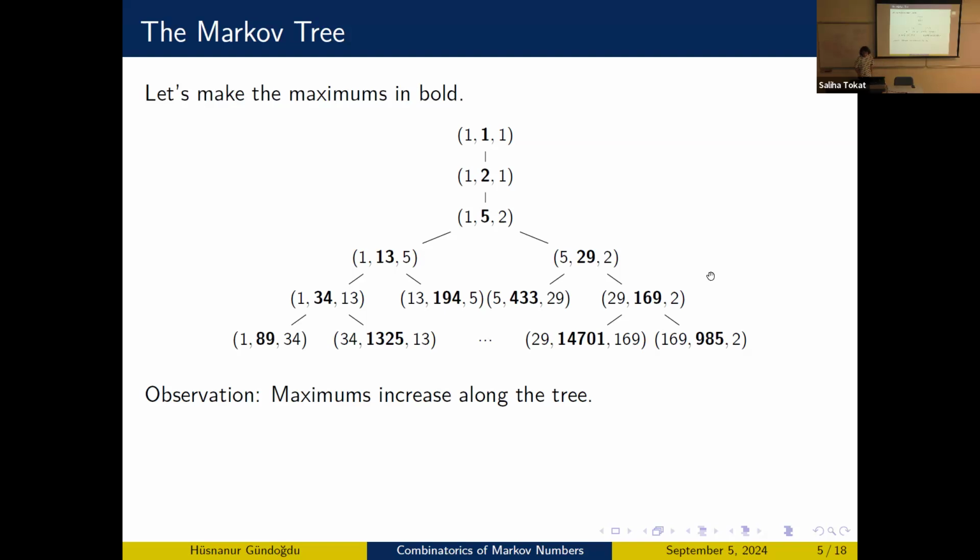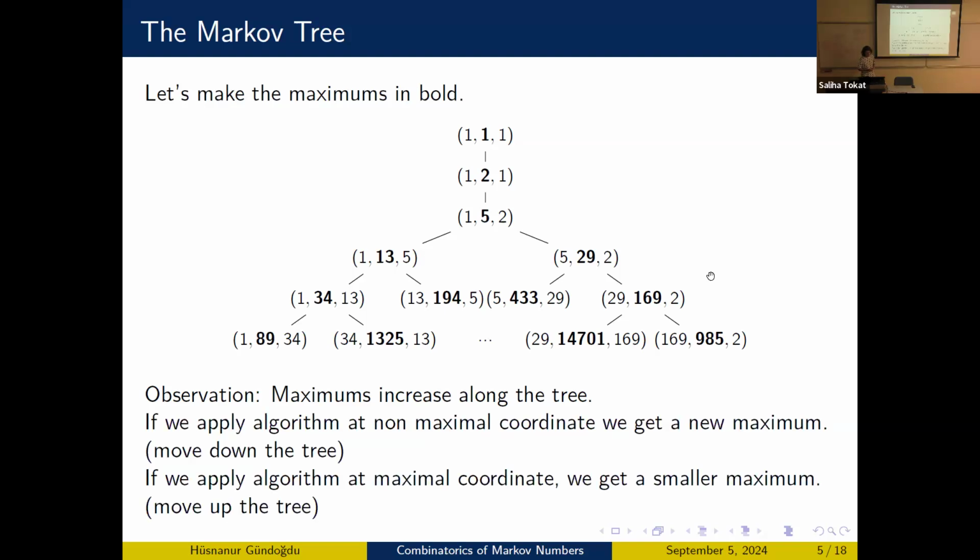And if we apply this algorithm for the numbers which are non-maximal in the triple, we get two other triples with larger maximum. If we apply this algorithm for the maximum number of the triple, we get a triple with smaller maximum. This is a consequence of our quadratic formula.